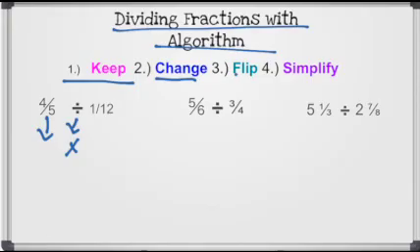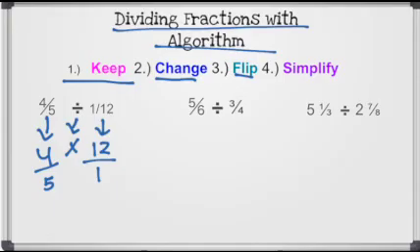And we'll be flipping our second fraction. In other words, we're going to be changing this fraction to the reciprocal. And we'll be flipping the numerator and the denominator. So 1/12 becomes 12 over 1. We keep our first fraction. And now we're just multiplying fractions, and we can simplify.